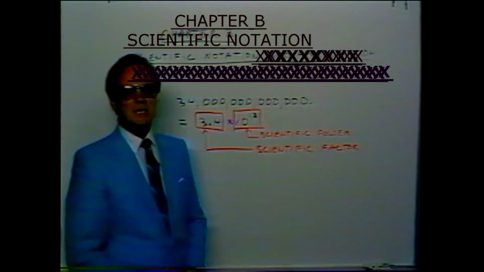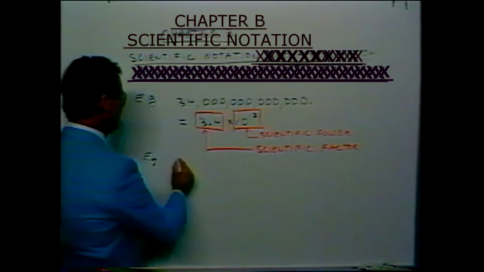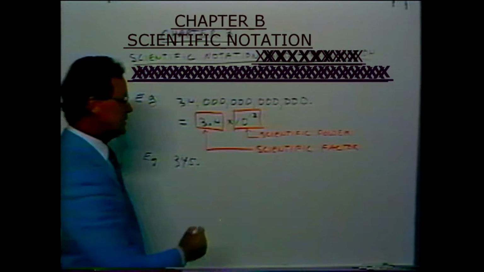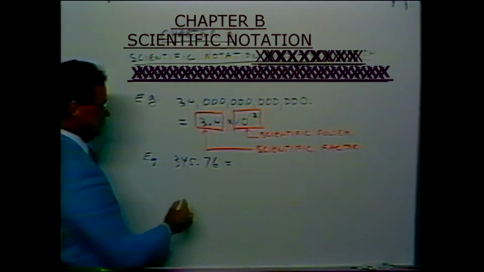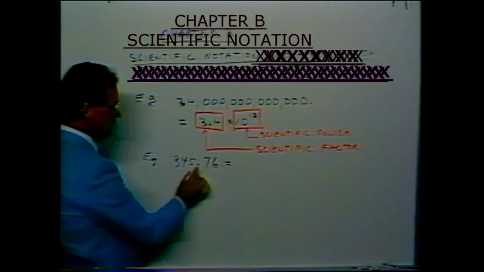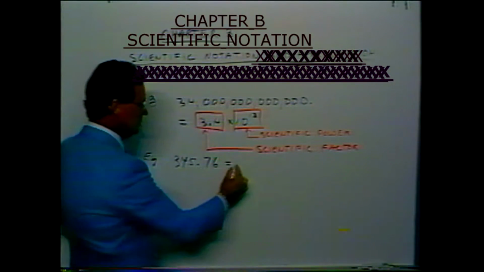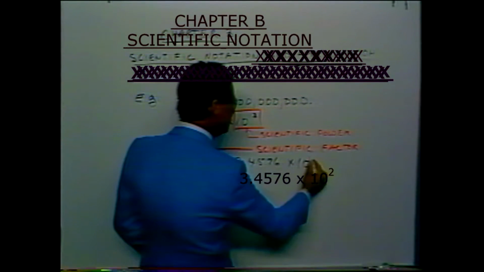Here are some other examples. 345.76 is equal to, take the decimal point and move it 2 positions to the left, multiplied by a scientific power with an exponent.